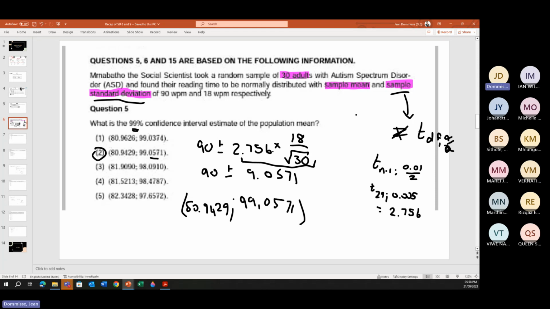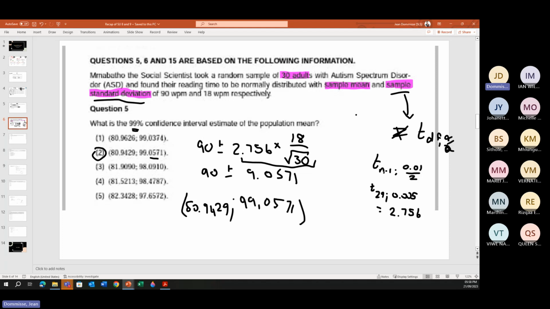So very important in this instance that they tell us that we're working with a sample standard deviation. Because we're working with a sample standard deviation, we will be using a t value. Okay, and then t, remember how to calculate the values around that.